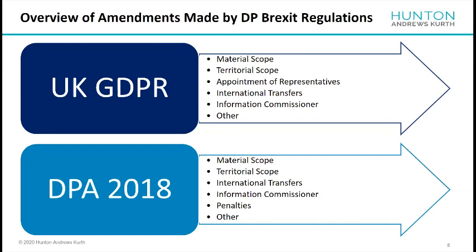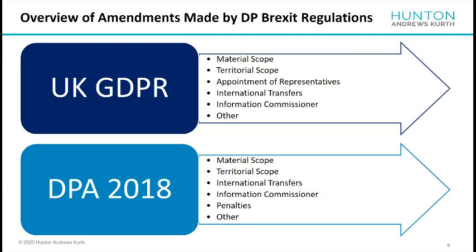And this is a particular area where the UK GDPR and the UK DPA need to be read side by side. There are additional provisions that deal with the role of the ICO after the end of the transition period, and the provisions that deal with the ICO's role in the EU are simply deleted.